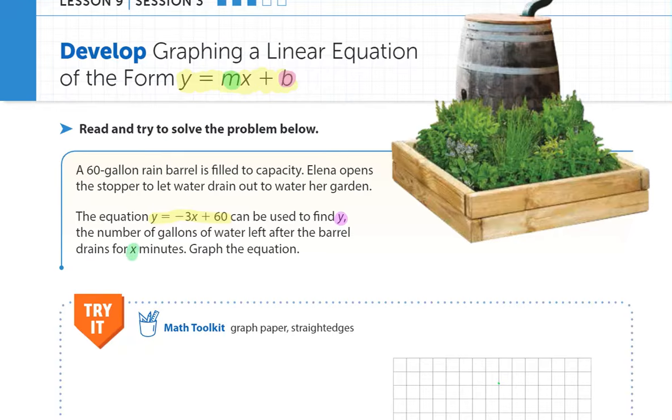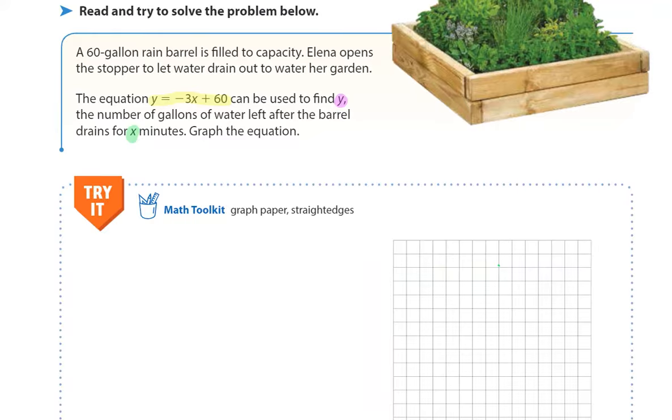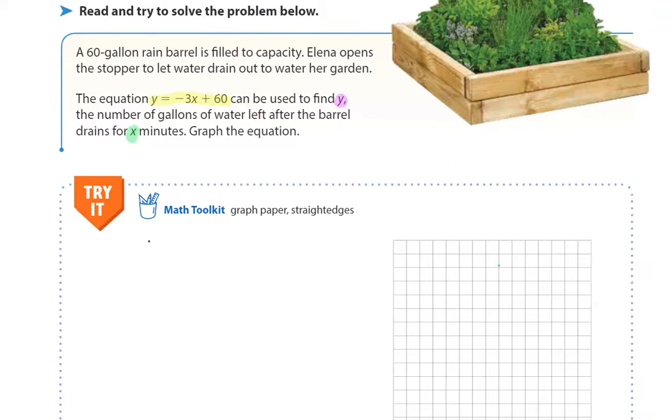So however many minutes you let it drain, that's how many gallons are left. We're going to graph this equation. I'm going to rewrite it: y equals, slope is -3, times x plus, y-intercept is 60.